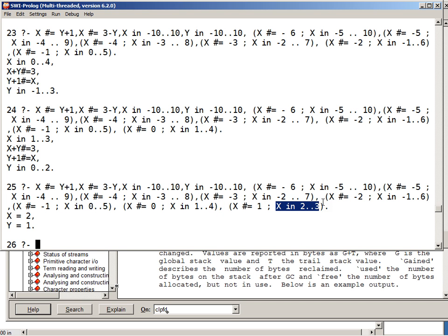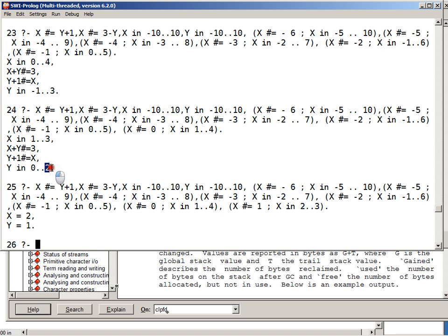Even though it's an interval, the system was able to derive the unique solution. So sometimes the way the constraints are propagated leads to a unique solution, even though the original domains are non-singletons. So here what's happening is that x being equal to 3 leads to a domain in y of 0 to 2.